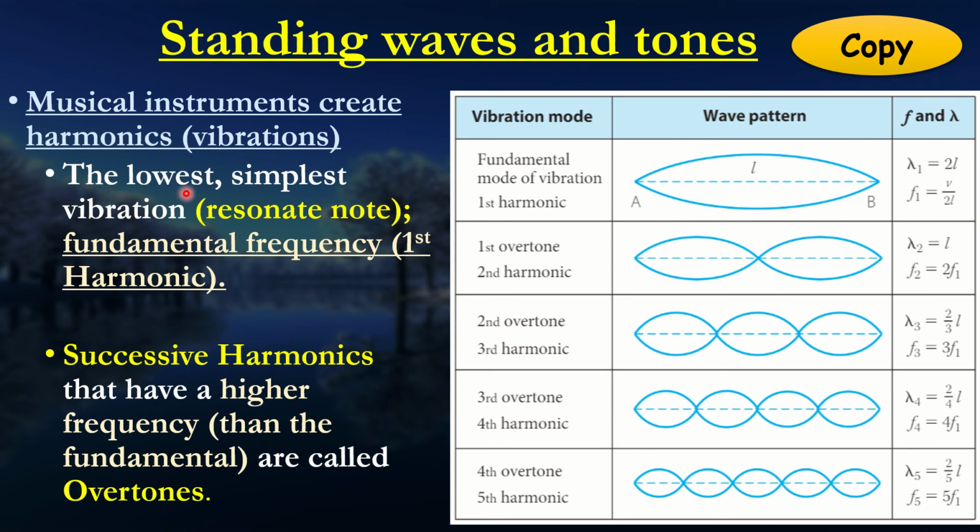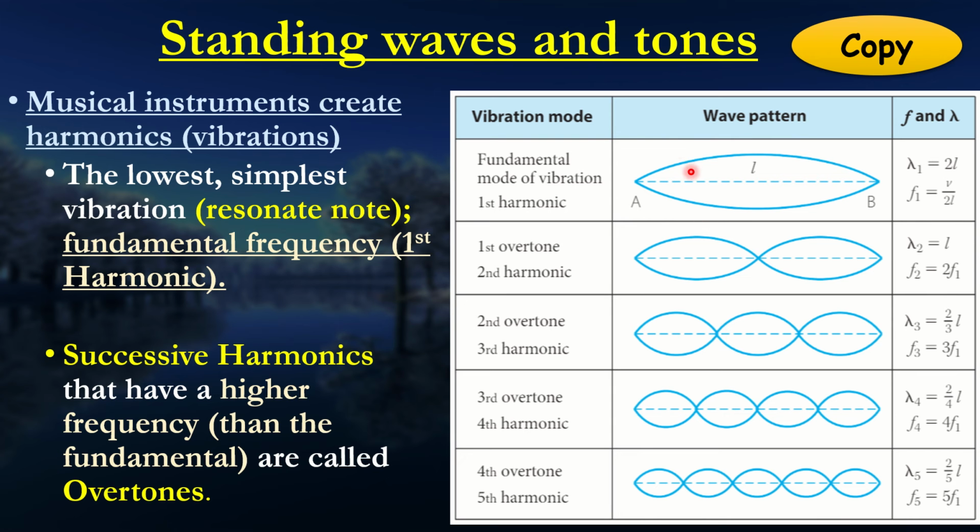The lowest possible vibration you can generate, sometimes we call it the resonant tone, we also call it the fundamental frequency or the first harmonic. Okay? If you make other vibrations of a higher pitch, what we call successive harmonics, higher frequencies, we start calling them overtones.